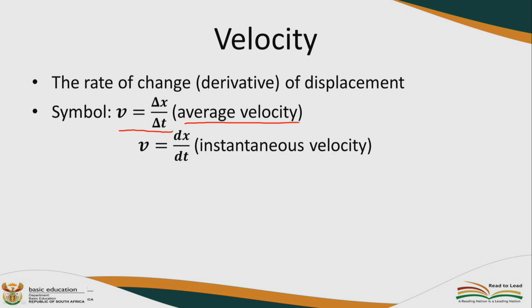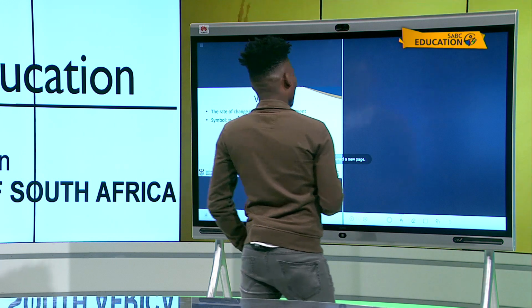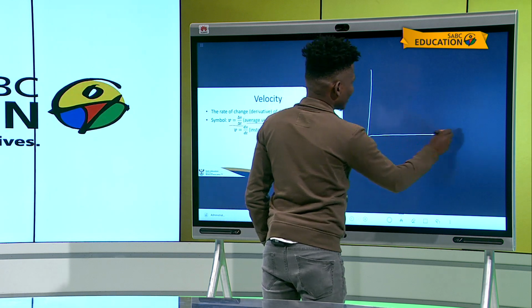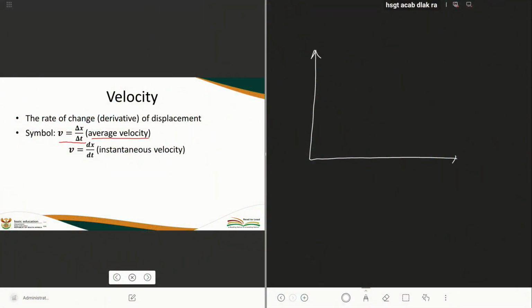Now, I want us to look at the instantaneous velocity. You guys will remember in grade 10, those who did sciences, that when we were dealing with graphs of motion and we were looking at constant acceleration and you plotted a displacement versus time graph, you had a graph like that. And we said that the gradient of this curve will give you the velocity of the object.